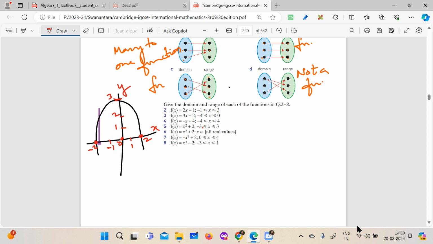Looking at this graph, my domain is from minus 2 to 2, and when I look at the y values, my range is from 0 to 3. Is this clear to you?